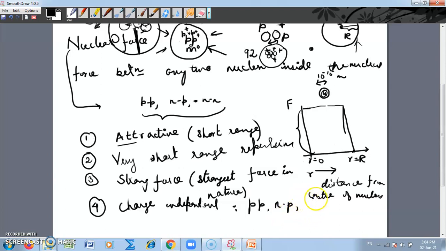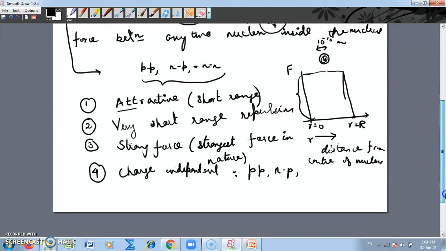So this is called charge independent. That means whether it's a neutron and a proton or a proton and a proton, it's always attractive, always short range and always very strong. So the force does not differentiate between a proton and a proton, or a neutron and a proton.